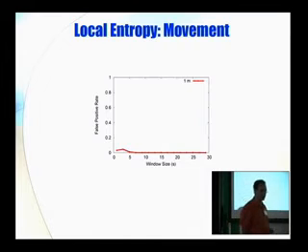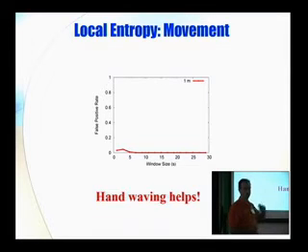In this particular case, we're putting our hand on top of the antenna and moving it. And what we see is that that generates a lot of local entropy, and within 5 seconds, we are able to identify the attacker. So we're happy to conclude that hand waving helps, if you didn't know already.